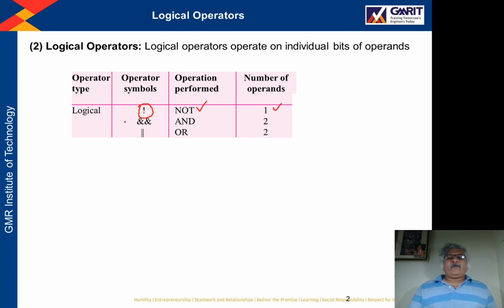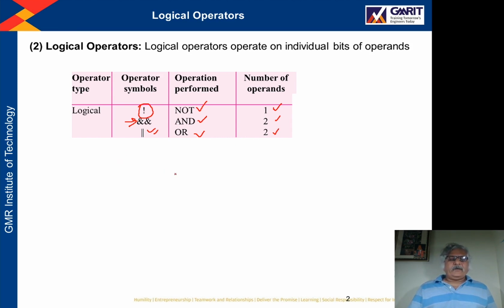Then two ampersands perform the AND operation, and there are 2 operands. And two vertical bars are the OR operation, and the number of operands is 2.